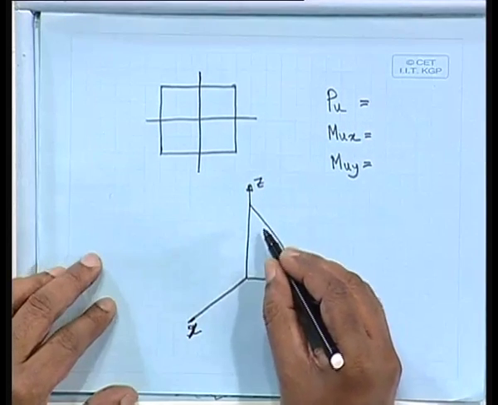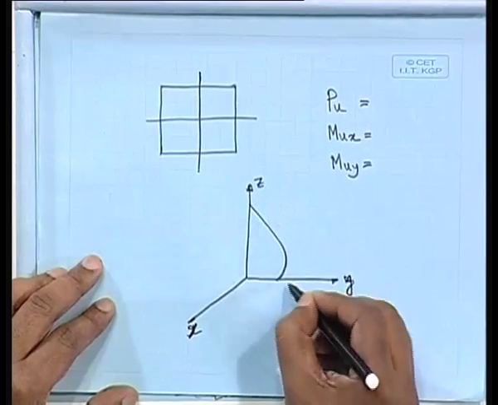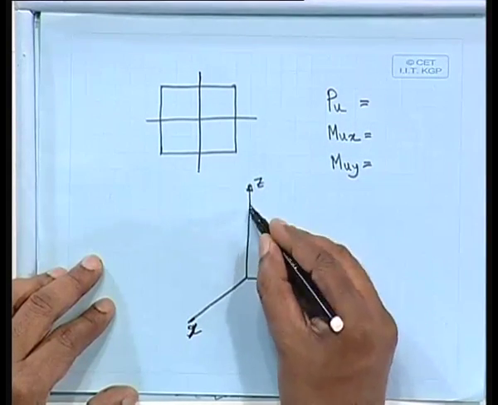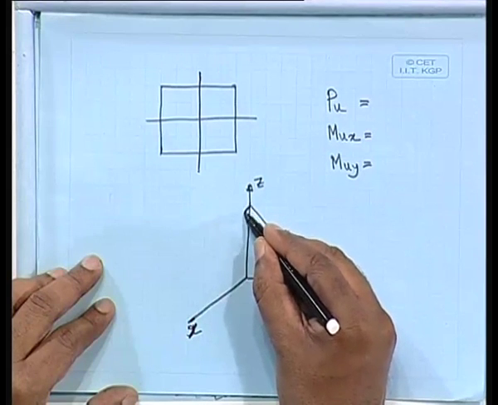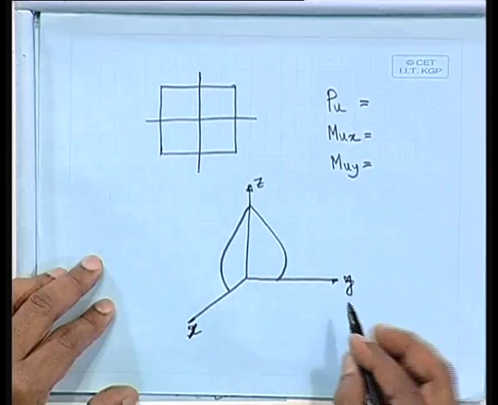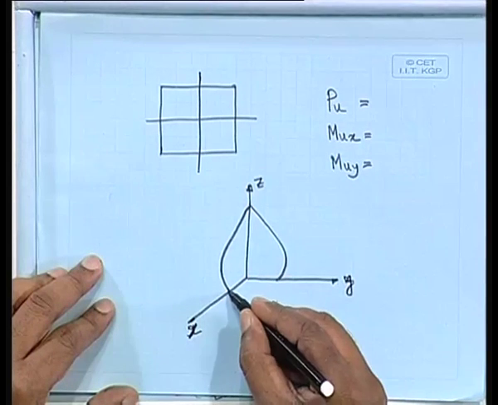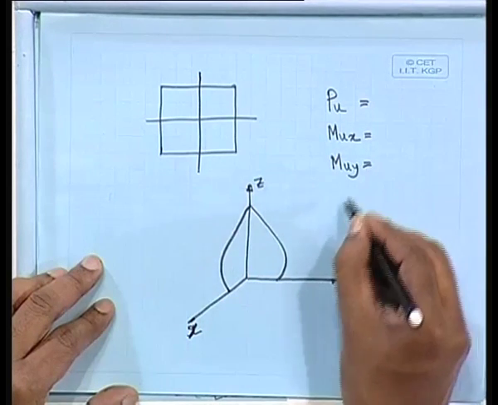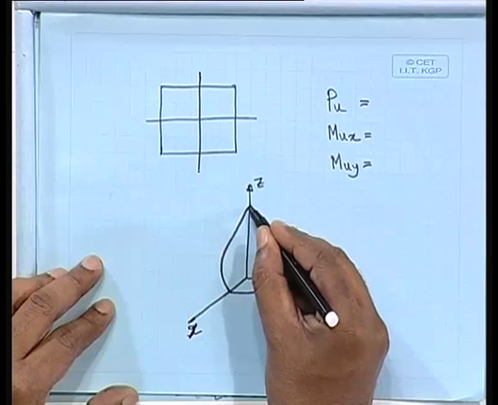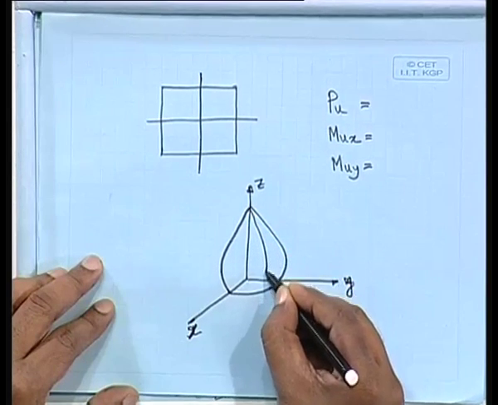This is the interaction diagram about one axis. Similarly, about the other axis also, it can have something like this, and because of Mux and Muy, we can have the resultant also, that way also we can find out.